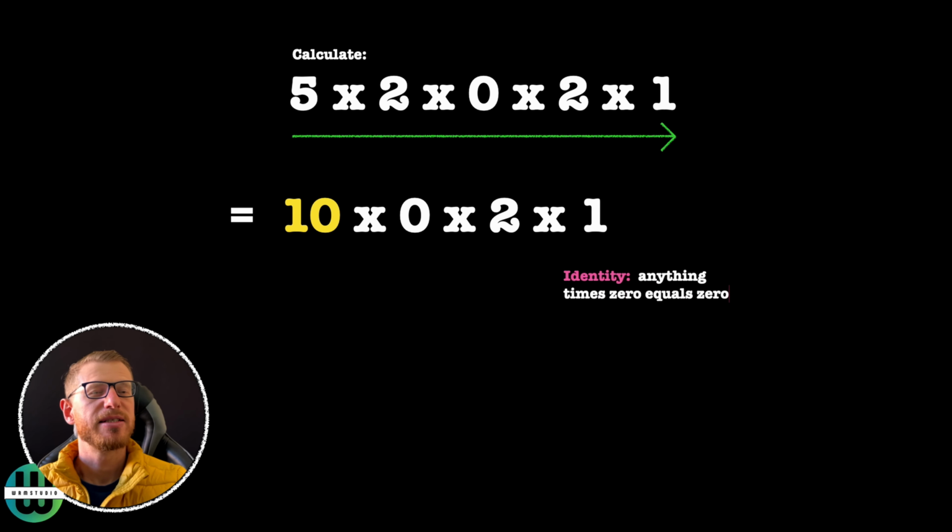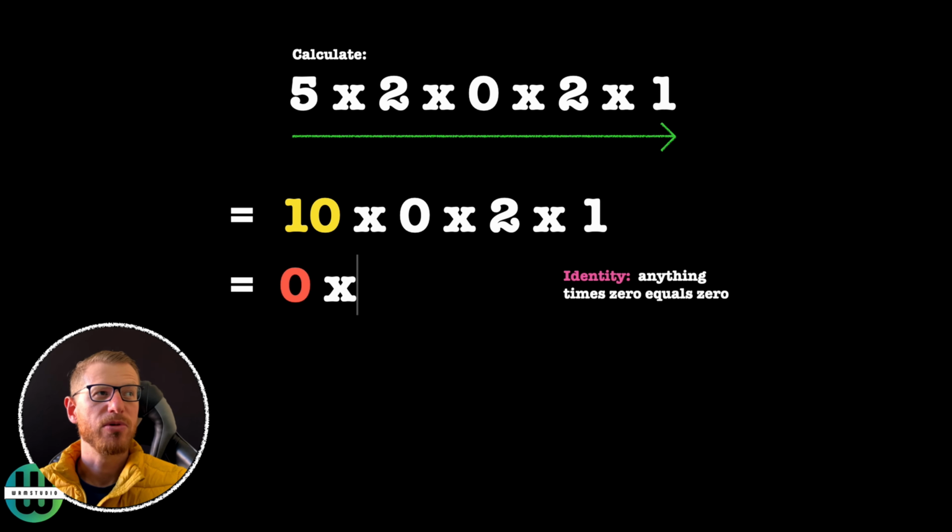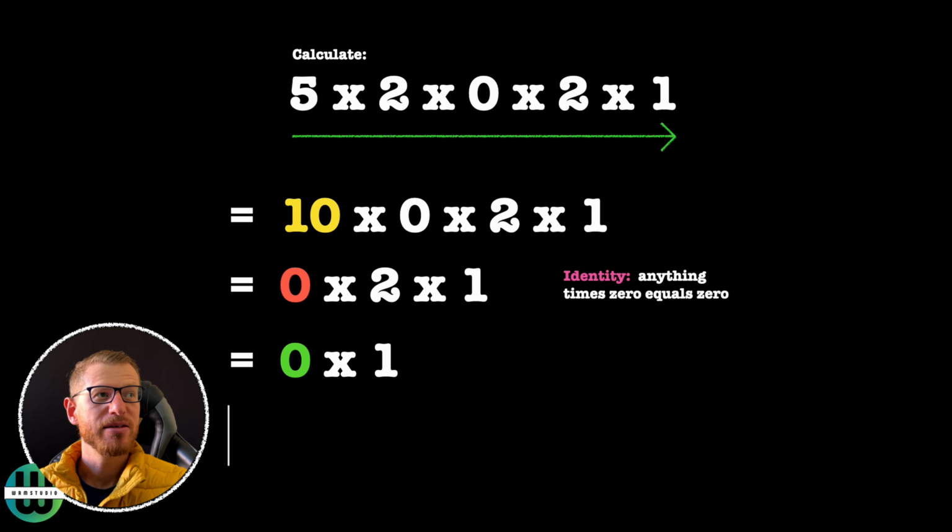And this identity tells us that anything times 0 equals 0. So 10 times 0 will be 0. Now, again, I'm going to apply that identity because I've got 0 times 2. Anything times 0 equals 0. 0 and then times 1 will again be 0. So this one reduces to literally nothing.